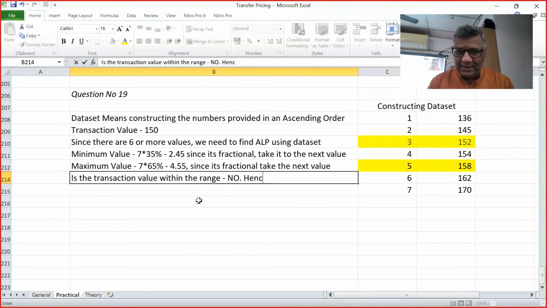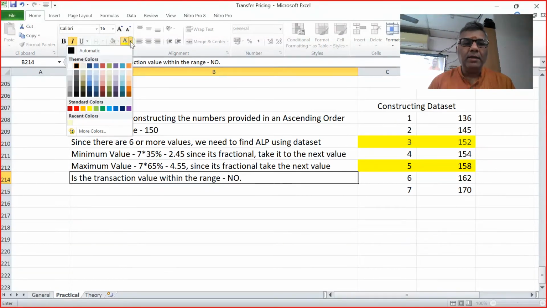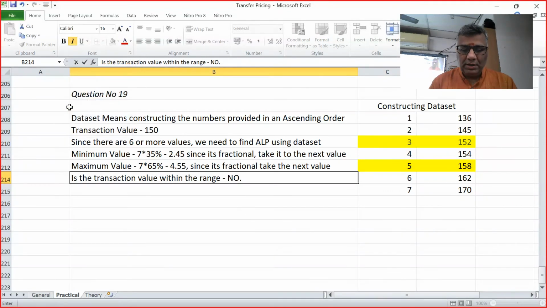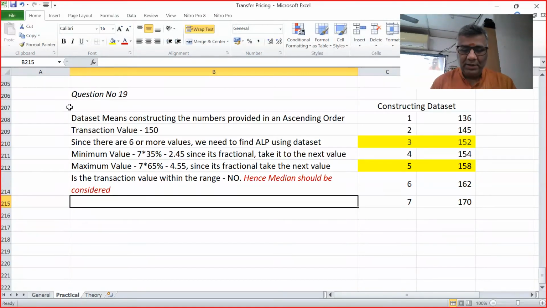Hence, median should be considered. Median 7 into 50%, 3.5.